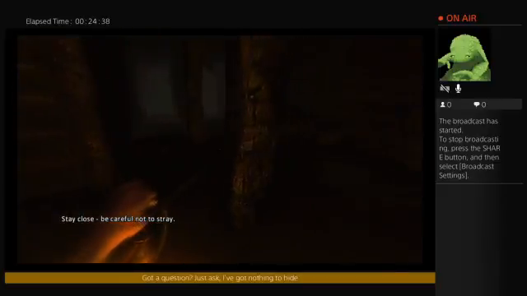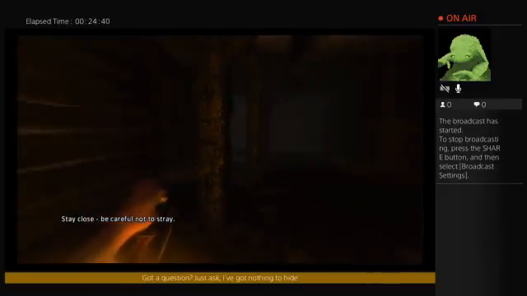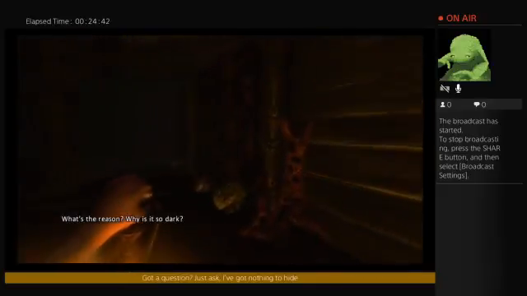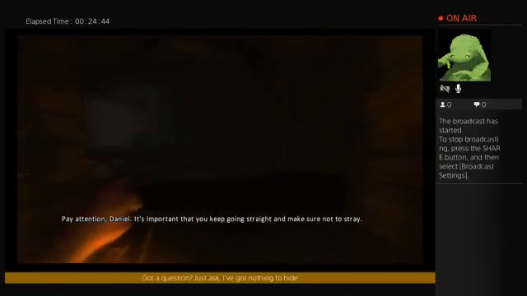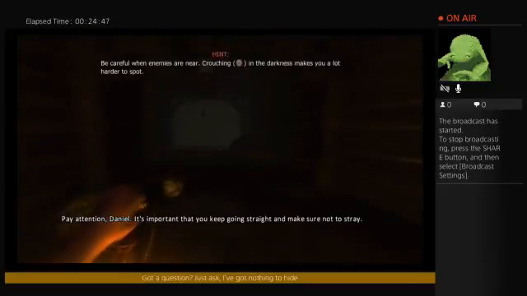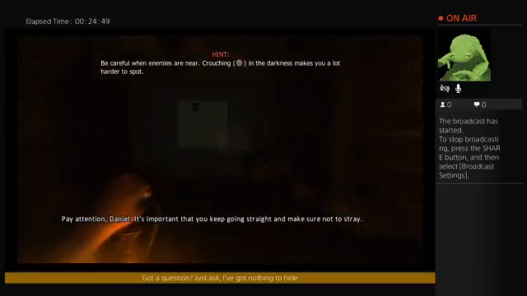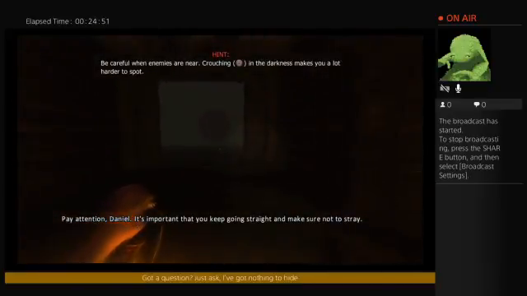Stay close. Be careful not to stray. What's the reason? Why is it so dark? Pay attention, Daniel. It's important that you keep going straight and make sure not to stray.